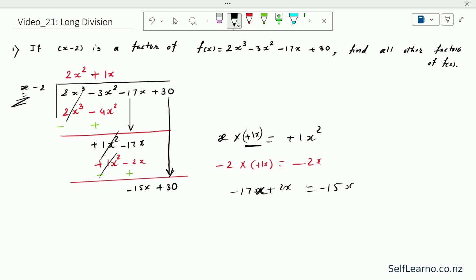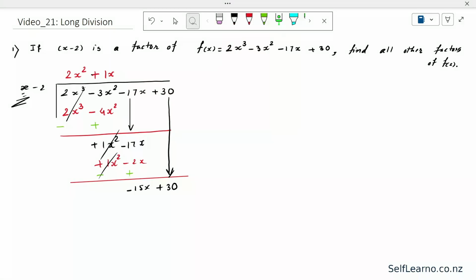Okay, great. Now what you have over here is x, and you want to obtain this negative 15x. So for the multiplication, I have to use negative 15. x times negative 15 is negative 15x.